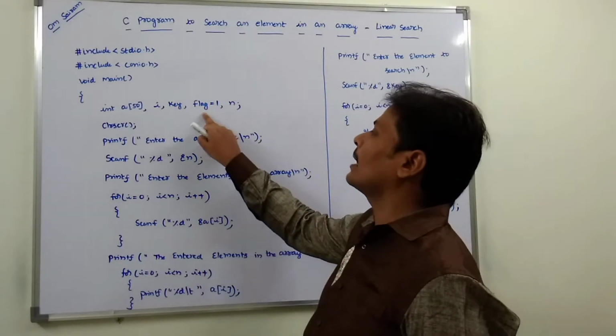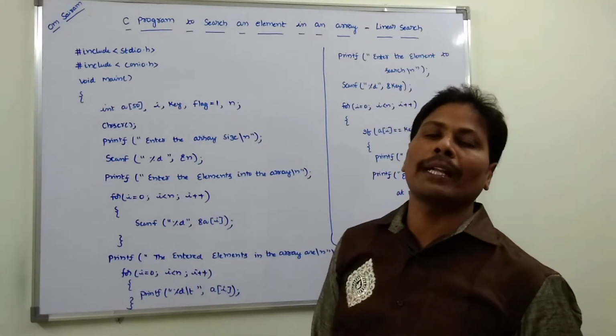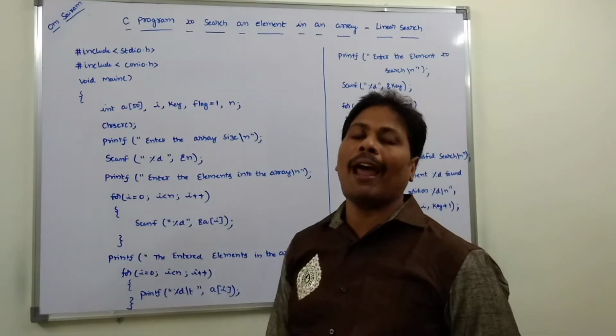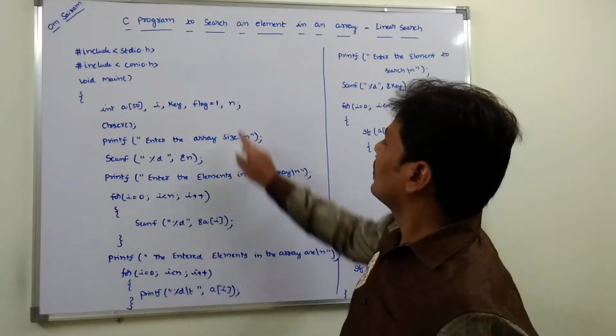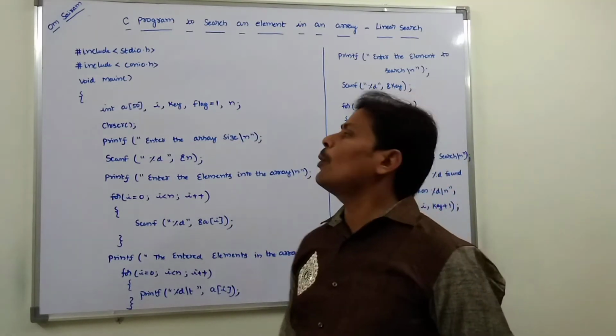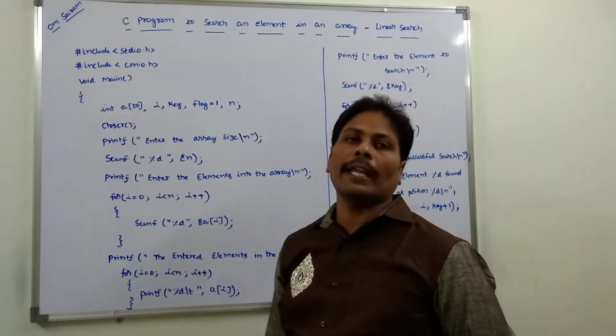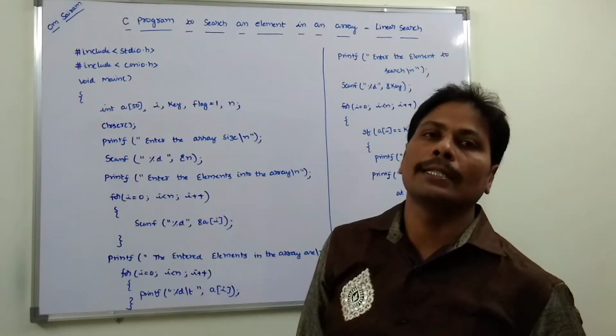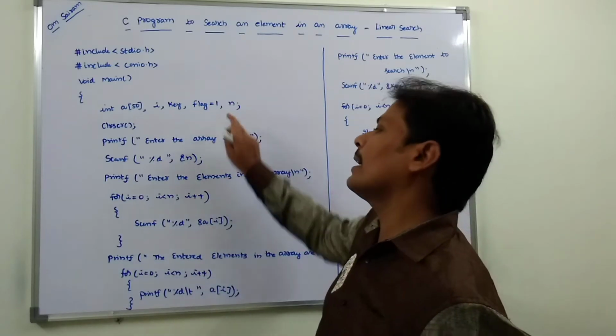We can take flag as a temporary variable. Flag equal to 1 means flag is true. That's n. Among the array of size 50, we take only whatever size we want, and that size is denoted by n.